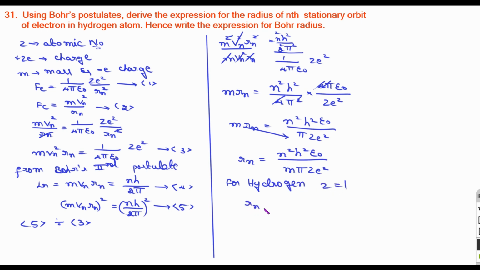So Rn is equal to n square h square epsilon naught divided by m pi e square. Now they are also asking to find the expression for Bohr's radius.